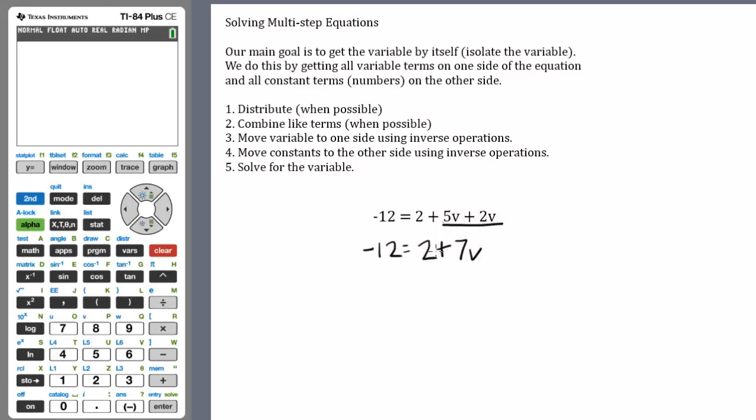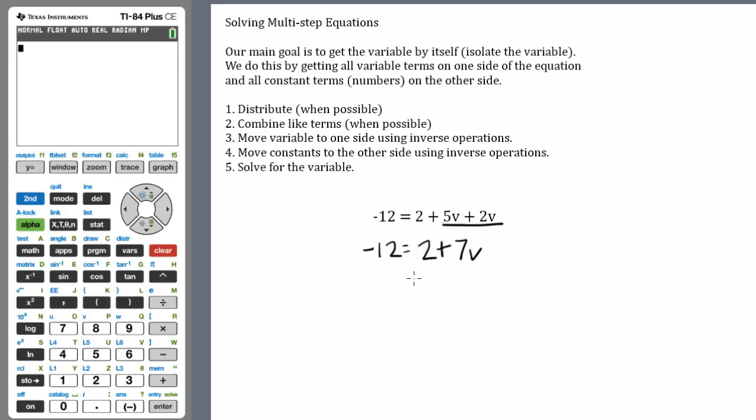So now we want to try to get the variables on one side and the constants on the other side. 7v is fine, but I don't want this 2 here because that's a constant, so I want it over here with this negative 12. So you got to think, use the inverse operation. You can't see it, but that's a positive 2. So how do we get rid of a positive 2? Meaning, what's the inverse of plus 2?